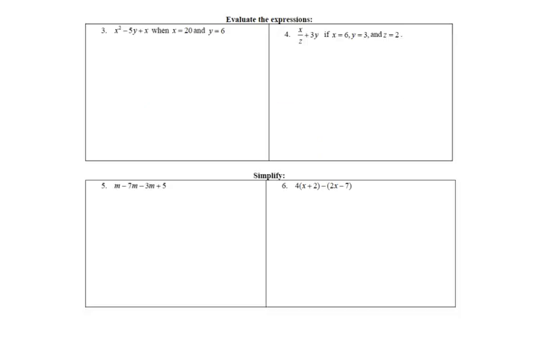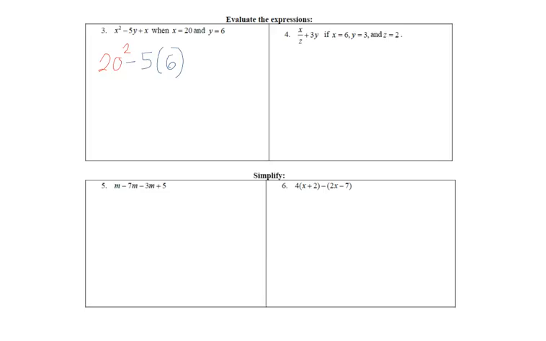All right, in question 3, you'll notice we have letters. x exponent 2 minus 5y plus x. But we know that x is 20 and y is 6. So let's make those changes. So for x squared, I'm going to write 20 squared. Then minus 5 times 6.